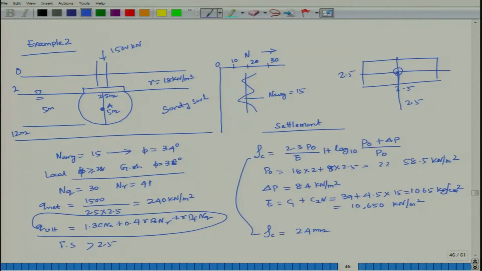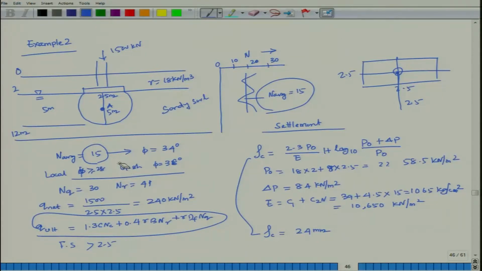Gamma is given and other parameters have not been given, only the N values up to different depths are given. From there you can calculate the N average, which comes out to be 15. Once you know the N average, from it you calculate the value of phi.